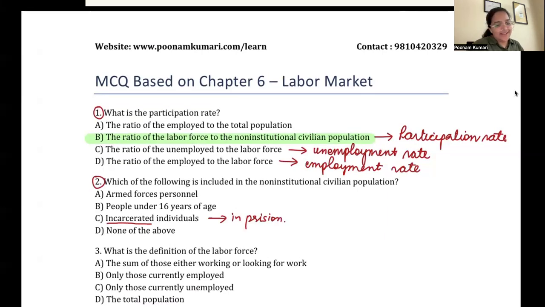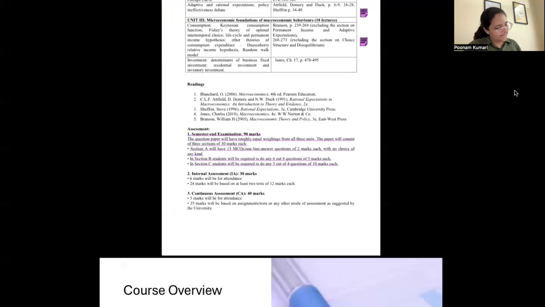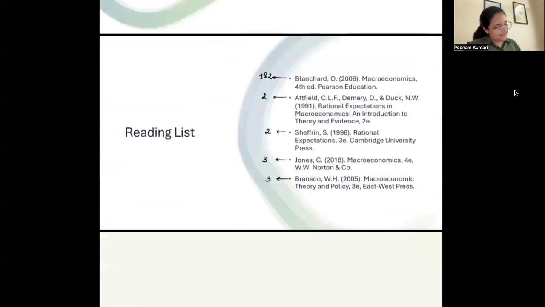Okay. And part number C, the people who are in prison. There's another block for retired, children, disability, that's something else. And the armed forces, are they under the non-institutional civilian population? So what did we study?